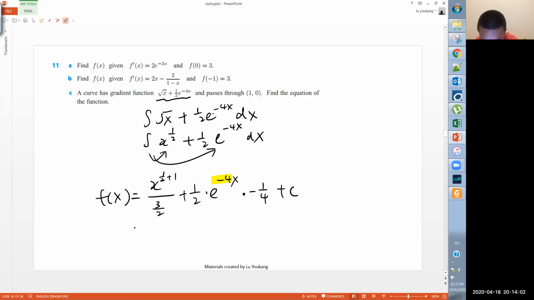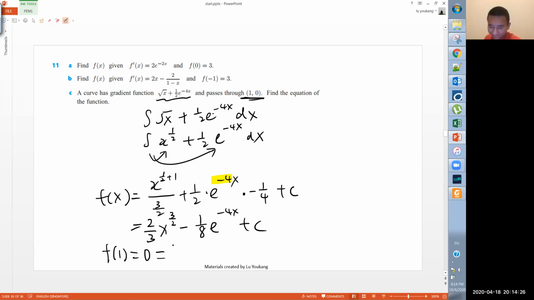So you simplify it. So -1/8 e to the power of -4x plus C. And then it says it passes through 1 and 0, right? So when x is 1, you get 0.